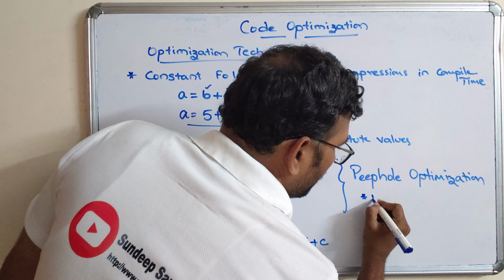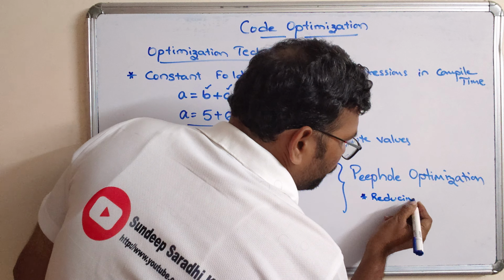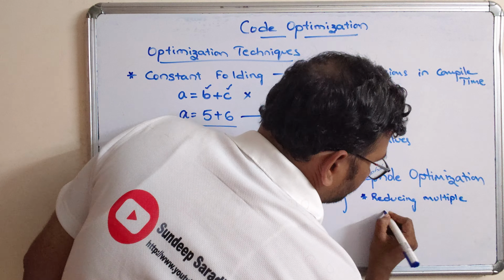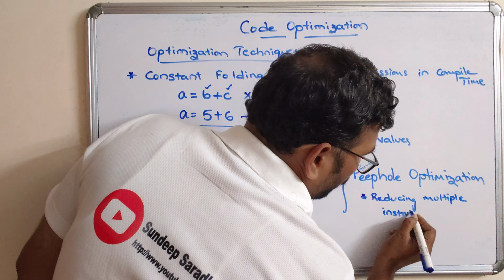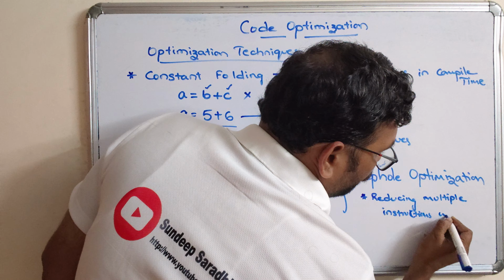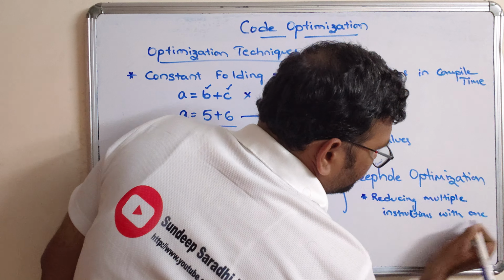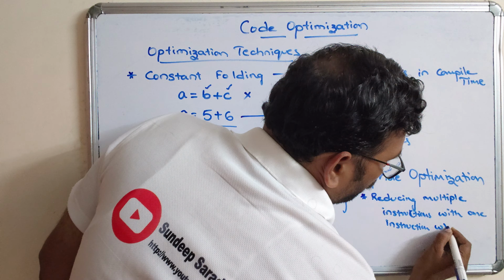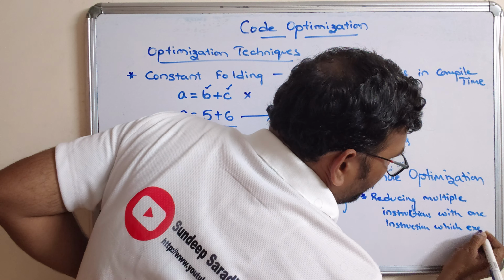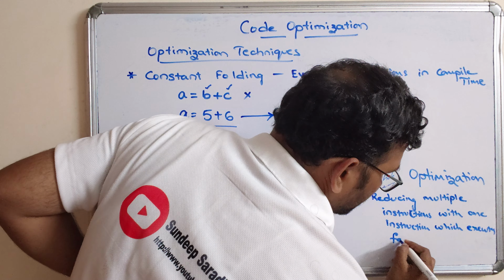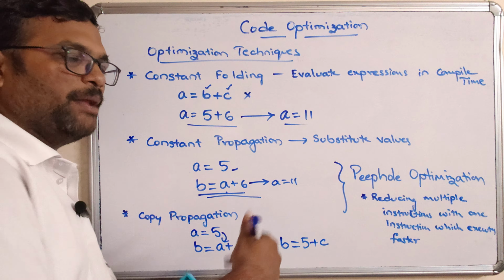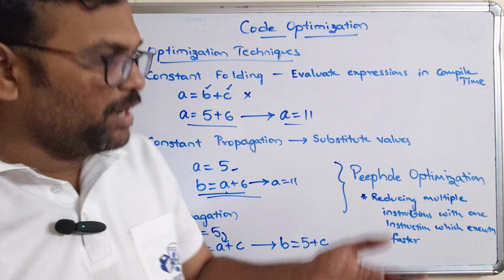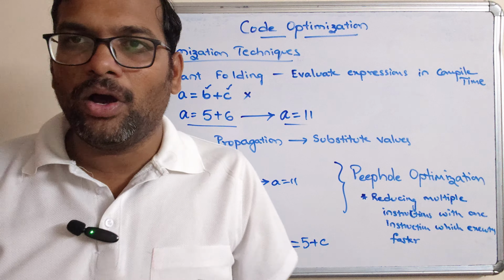So I'll write here: reducing multiple instructions with one instruction which executes faster. Multiple instructions can be reduced to only one, or maybe two instructions. So reduction of instructions, that's peephole optimization.